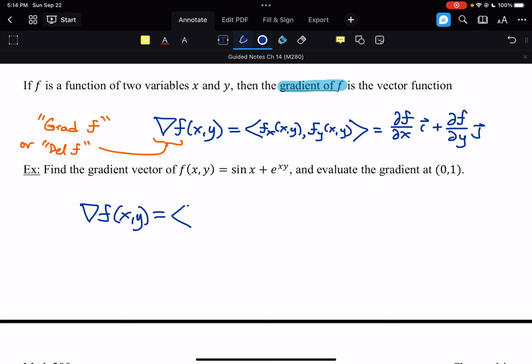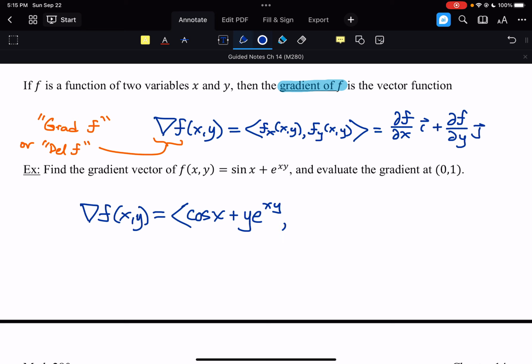So we take the partial with respect to x, and we get cosine x plus e to the xy times the partial derivative of xy with respect to x. So we differentiate the x, which gives us a 1 times the y. It looks a little weird maybe to see it written this way, but the partial with respect to x is actually y e to the xy.